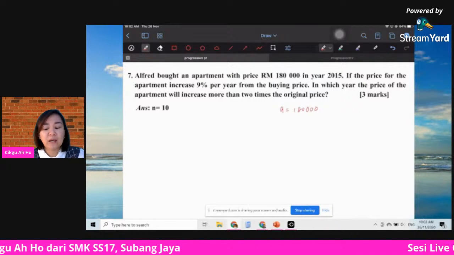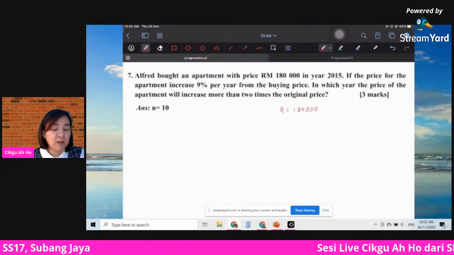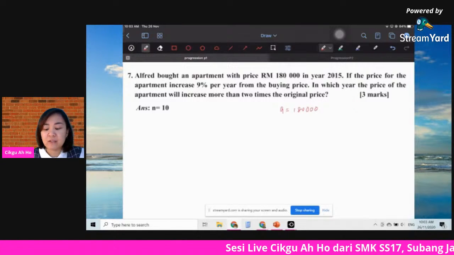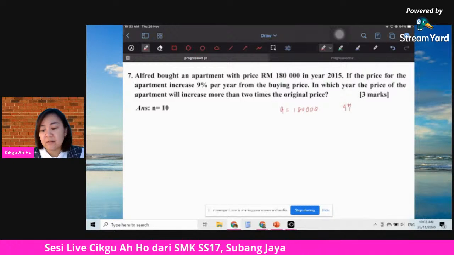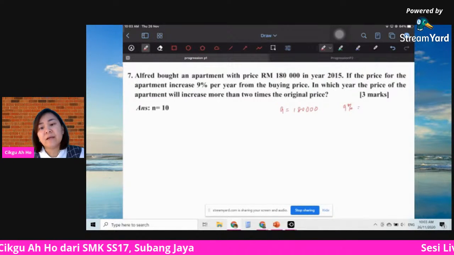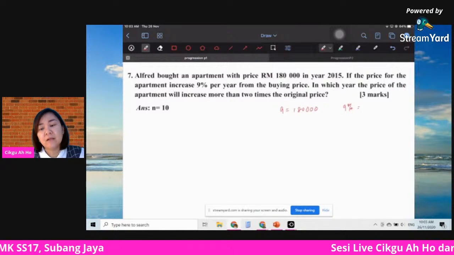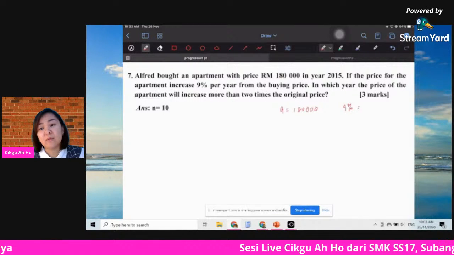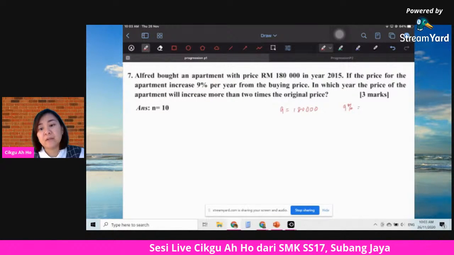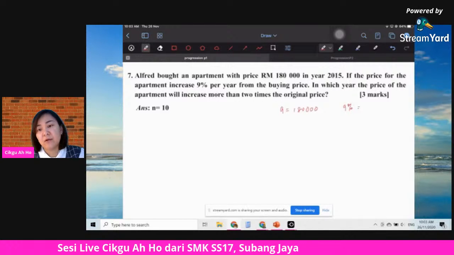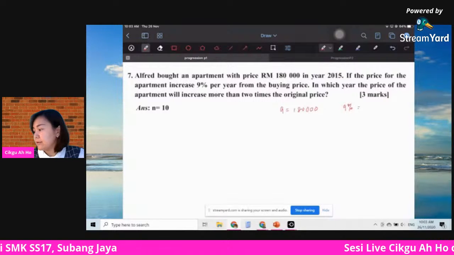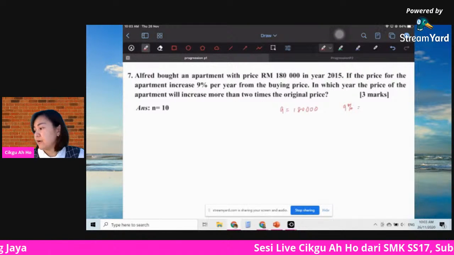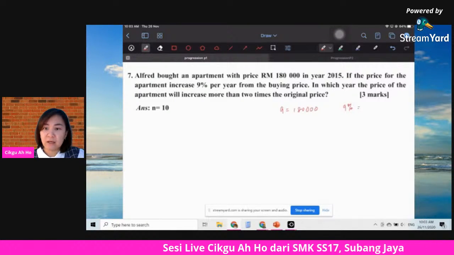You can manually calculate first. Let's say the first year is 180,000. If I increase 9%, how much is that? 9% of 180,000. You can use your calculator: 180,000 multiplied by 9%. You all bring your calculator along with you or not? You're supposed to bring your calculator along.